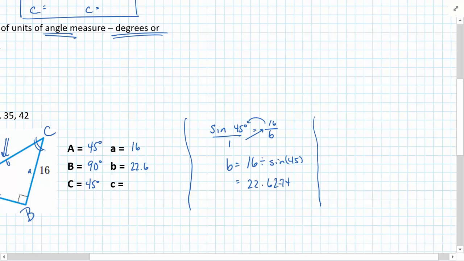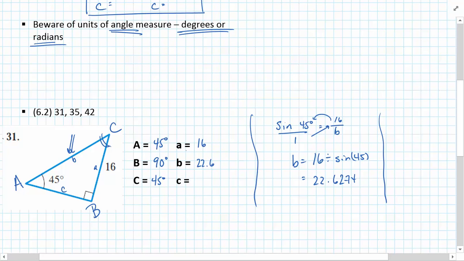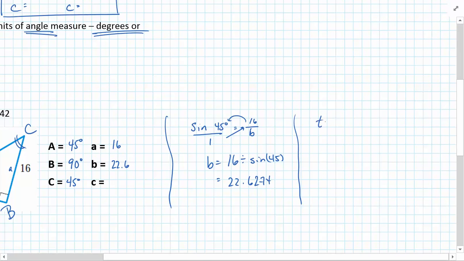Now we can also do some calculations in order to find the missing side length for C. This time around I know that angle measure C is 45. I could use that, or I could use the existing angle measure A as 45 degrees. This time if I utilize the opposite side and the adjacent side, that would be a tangent calculation.